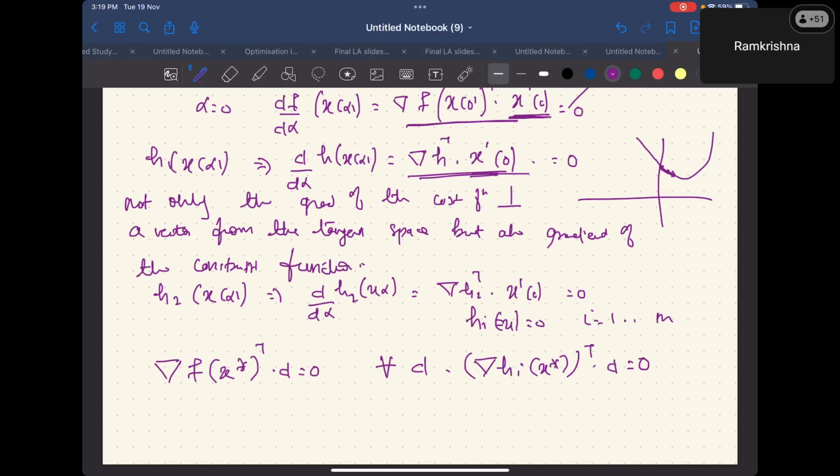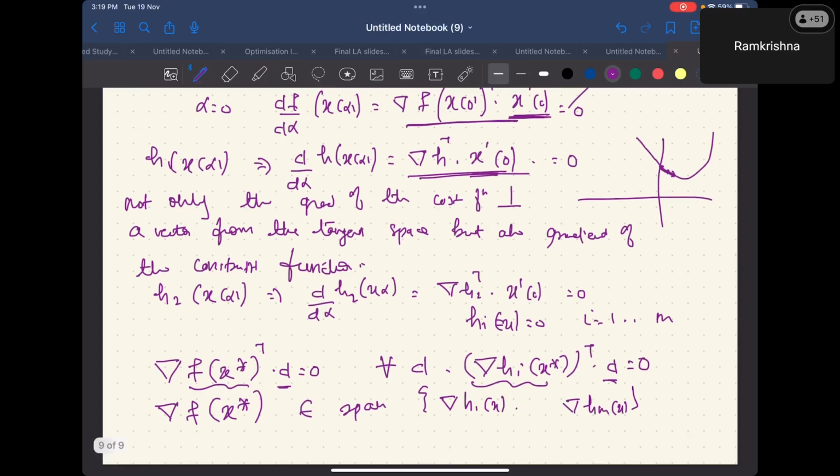Okay, this is kind of nice to say that now the gradient of f of x star belongs to the span. So these are now in the same space because they are orthogonal to d. So this is in the space spanned by all these gradients, gradient of h1 till gradient of hm of x.